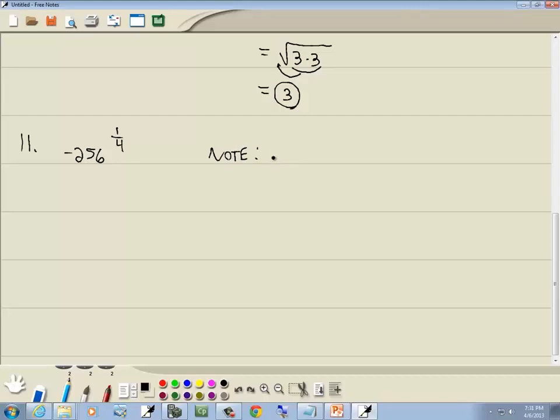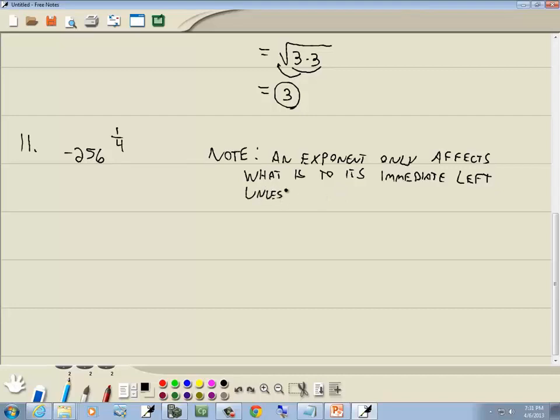It says an exponent only affects what is to its immediate left, unless there's parentheses, then it affects everything inside of parentheses.